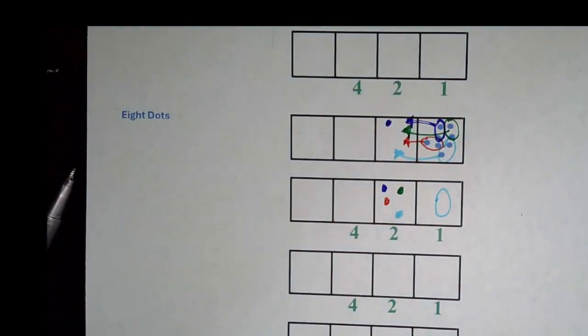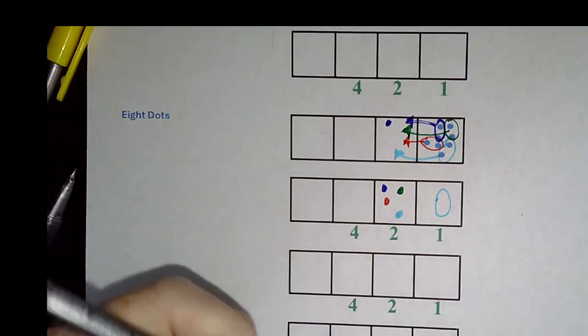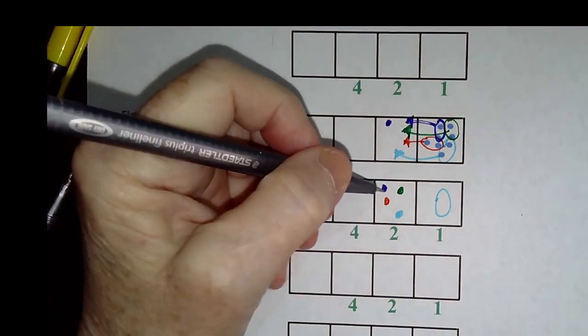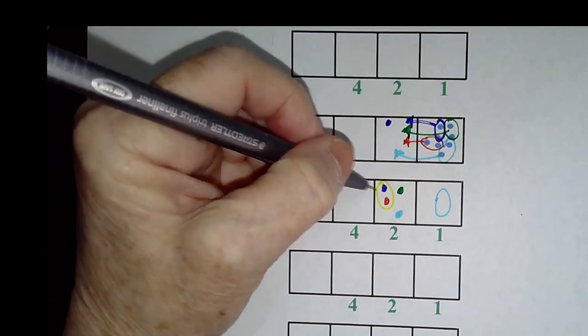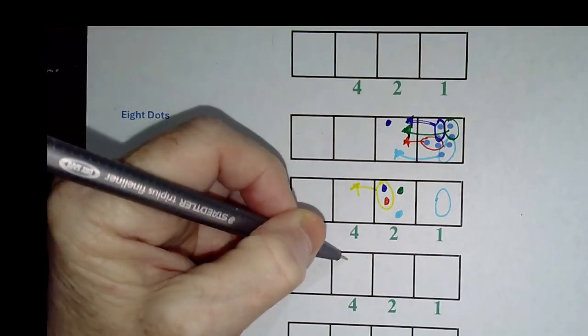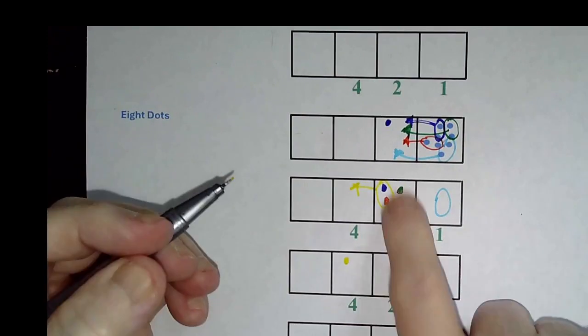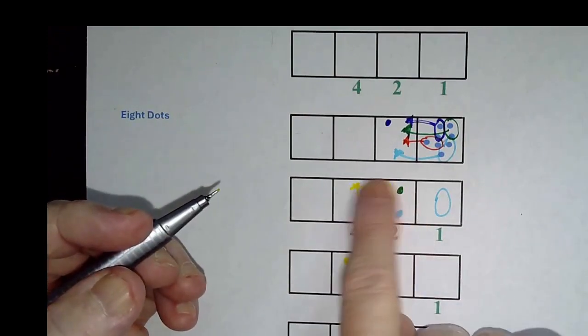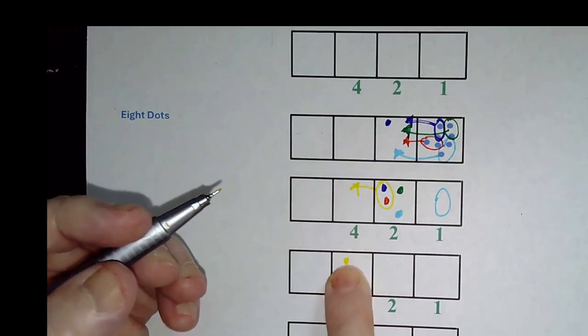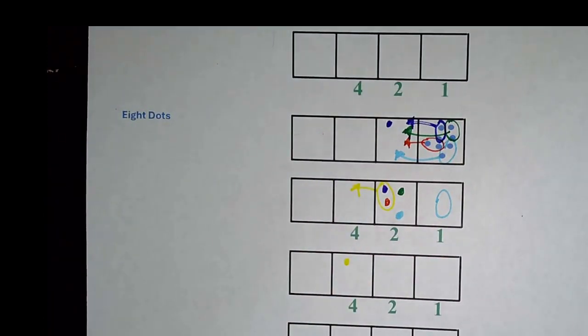And now we've got one pair here. So the two dots on the left in the twos place will explode to create one dot in the fours place.